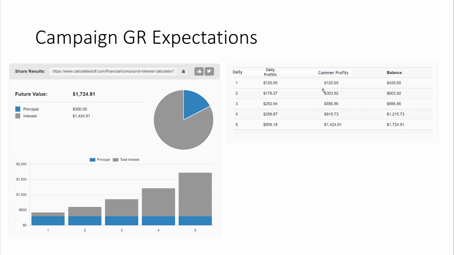So this is kind of what we expect for the first 5 trades if all of them return exactly 35%, compounding day after day after day.